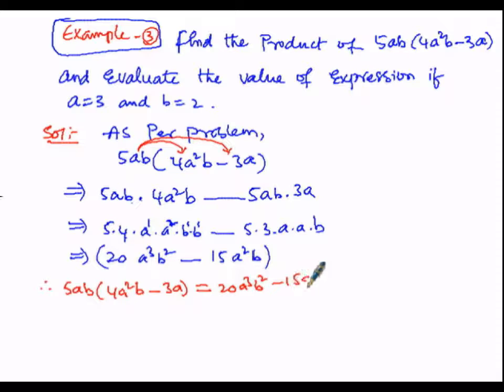This is the result. Now at a equals 3 and b equals 2, we have to find the value.